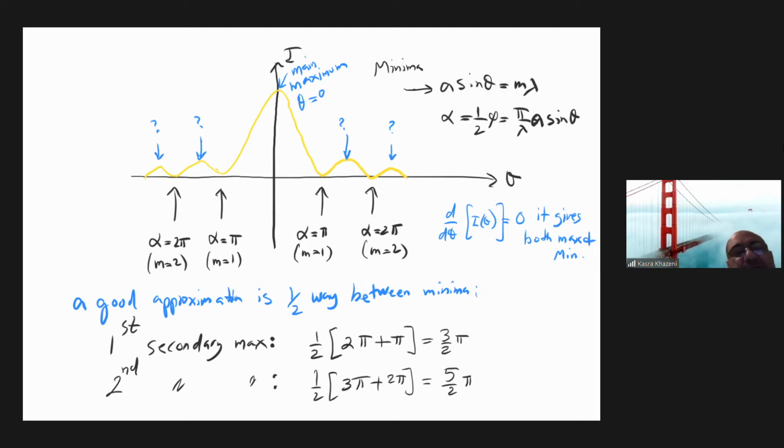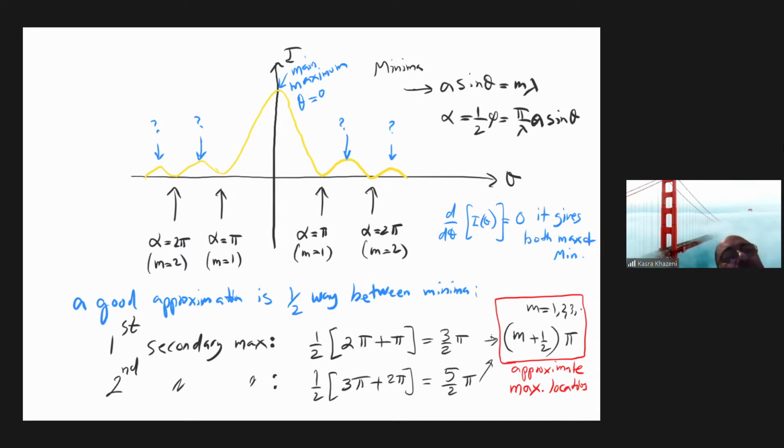So you can see I can write the location as m plus 1/2 times pi, where m is equal to 1, 2, 3, 4. You get these numbers. So this is the location of approximately maximum locations.